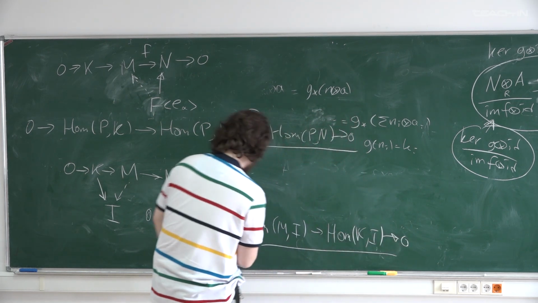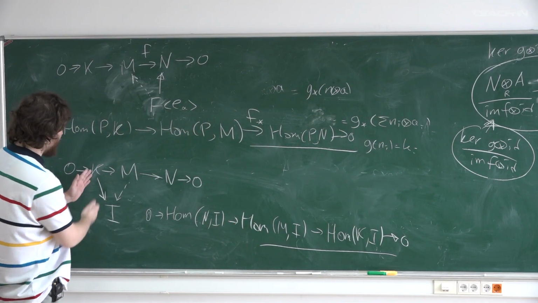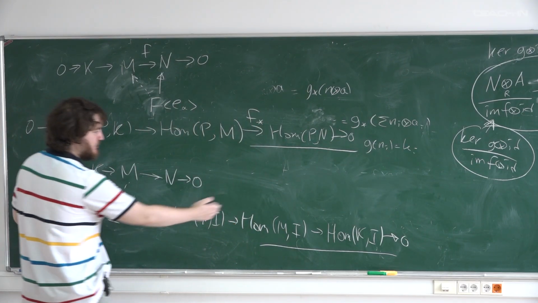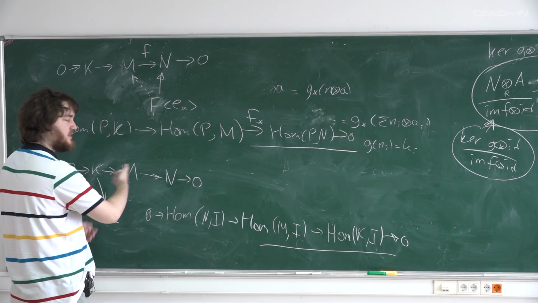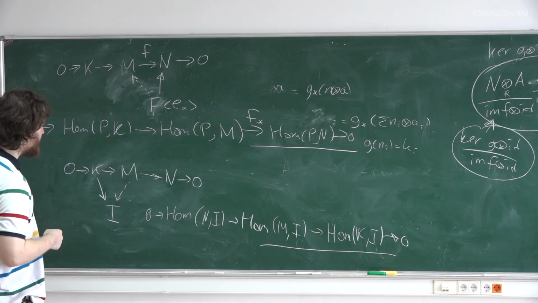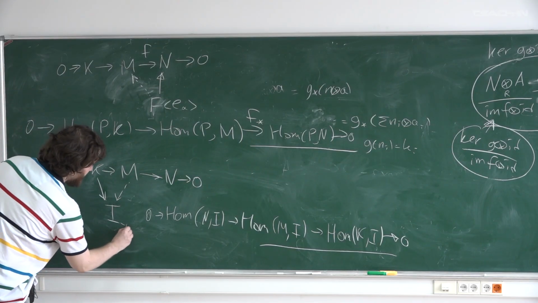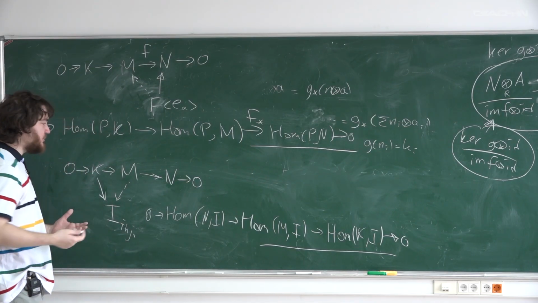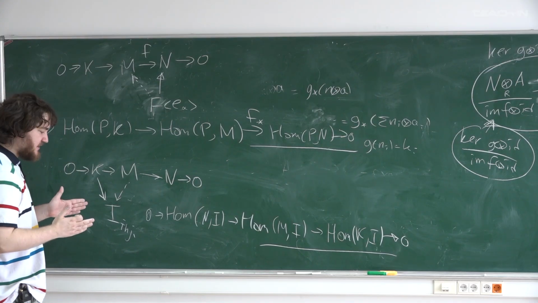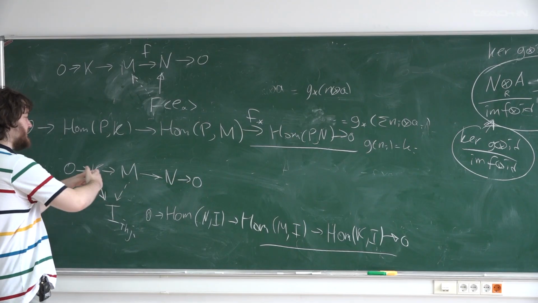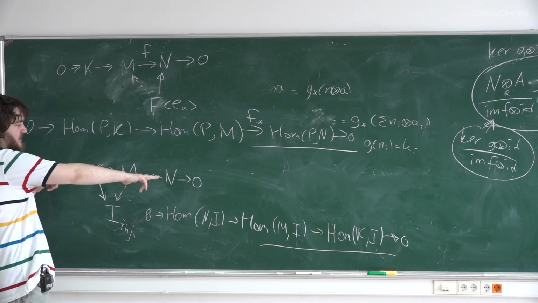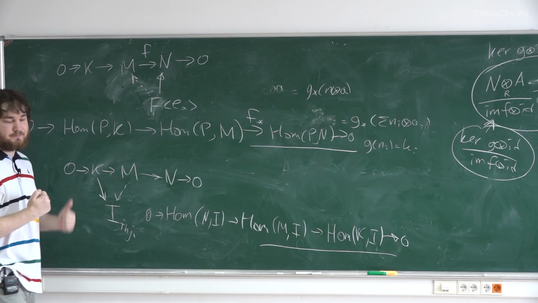Surjectivity here, again, means that if I have some map from K to I, then there exists some lifting, and this is the same thing. So injective modules are such modules that Hom to them sends short exact sequences to short exact sequences.